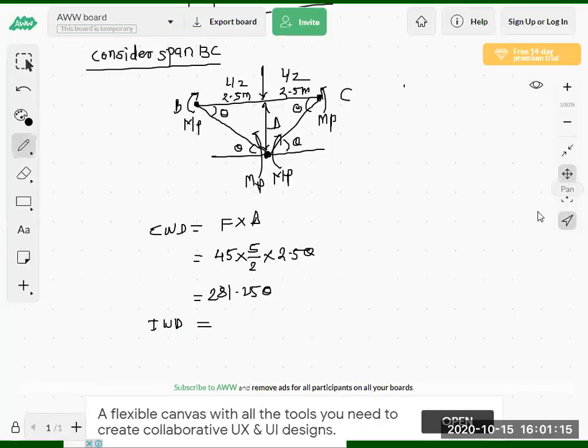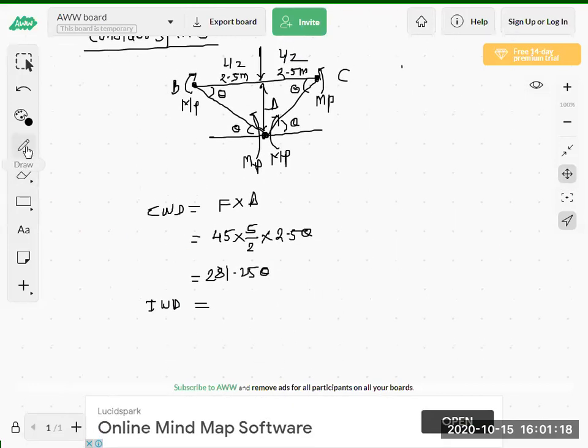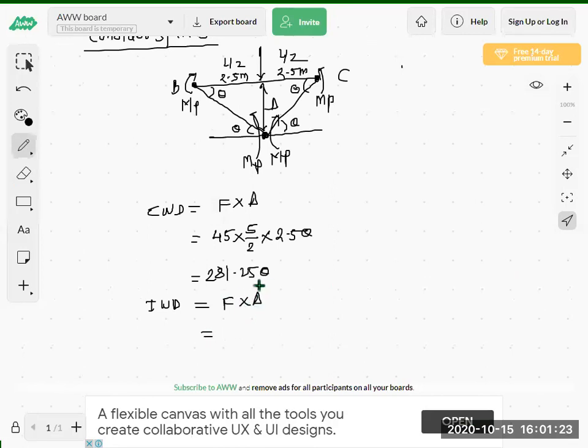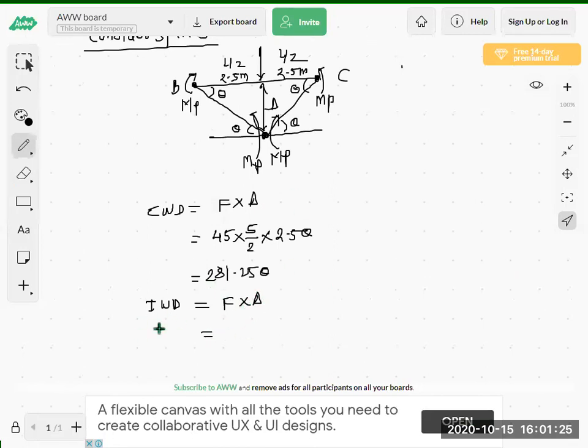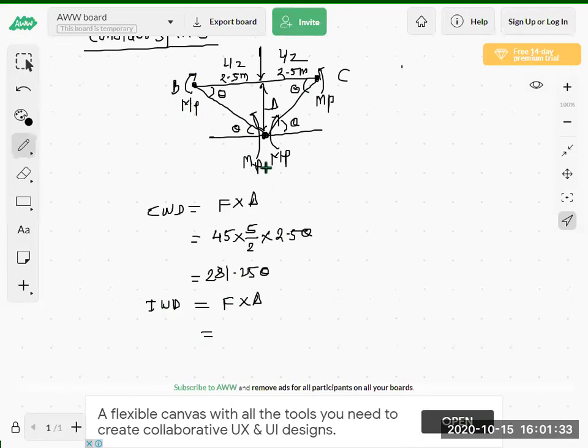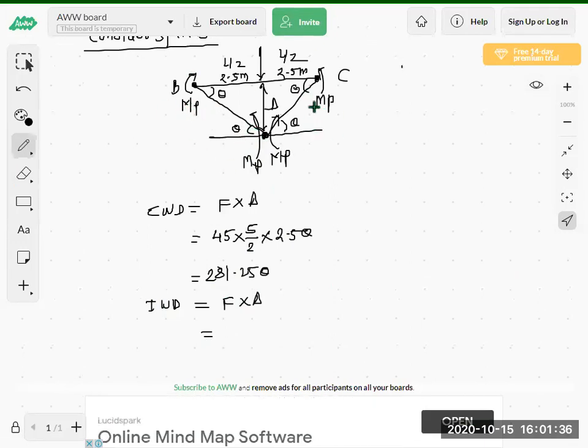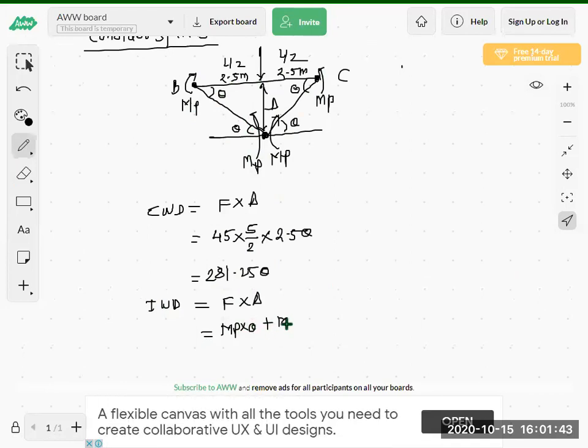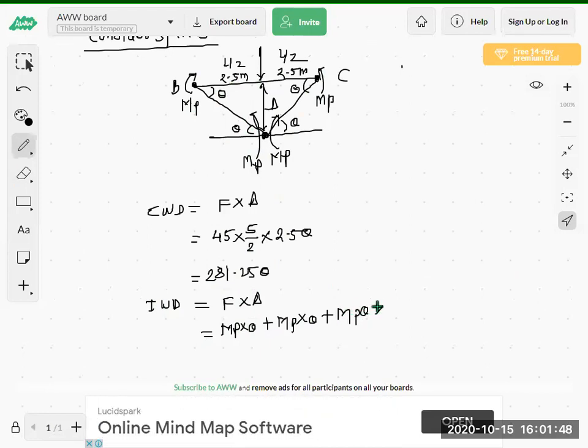internal work done. Okay. So internal work done is again force into displacement. So here in internal work done, force is the moment and displacement is the rotation theta. So how many forces are there here? MP, 4 MPs are there, and with the displacement of theta everywhere. So here MP into theta plus MP into theta plus MP into theta plus MP into theta.